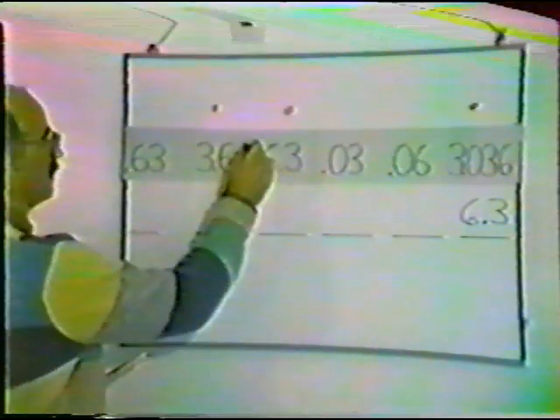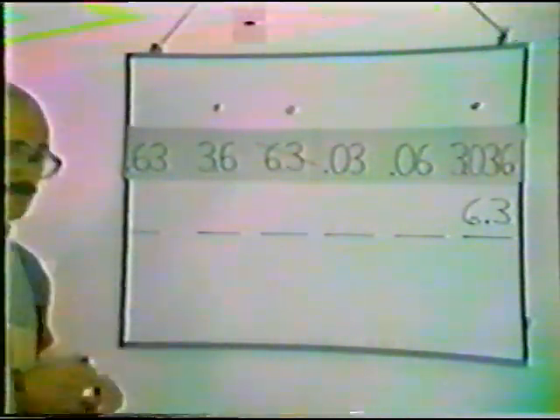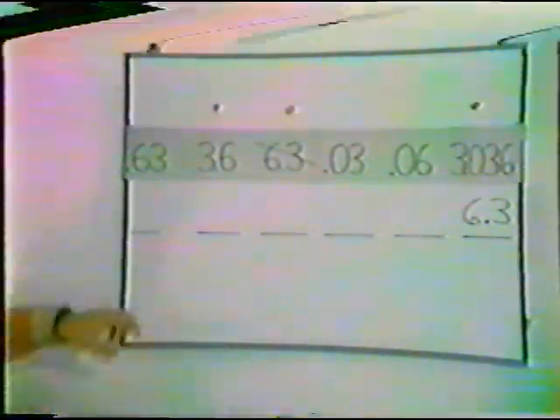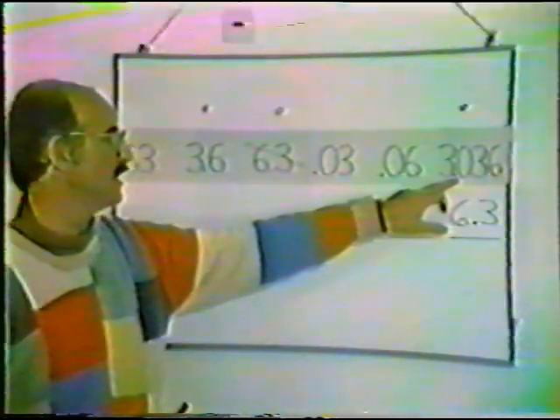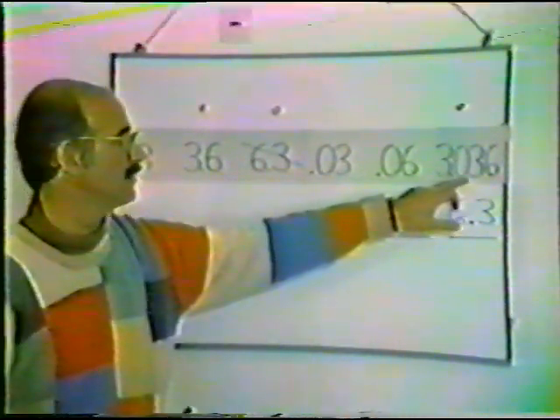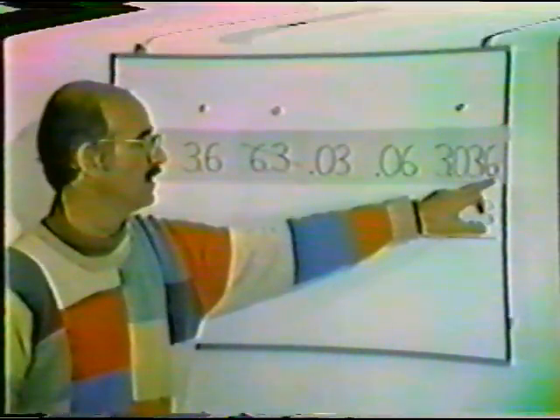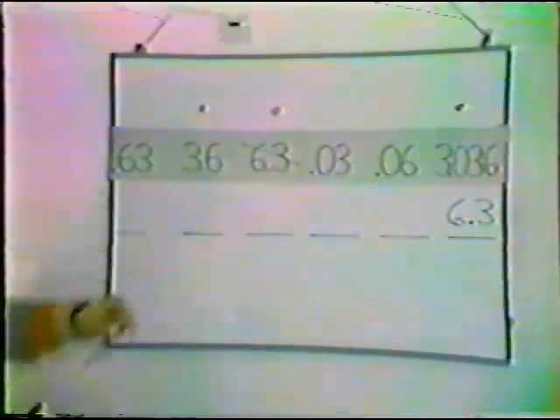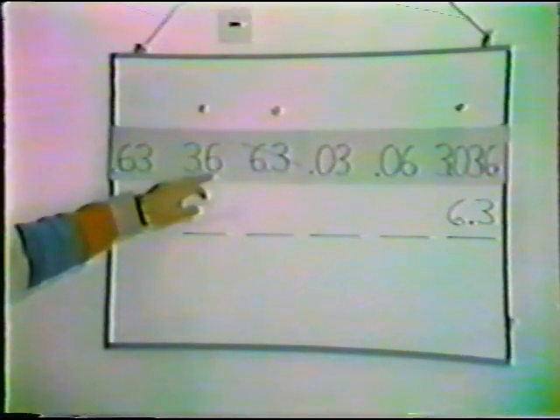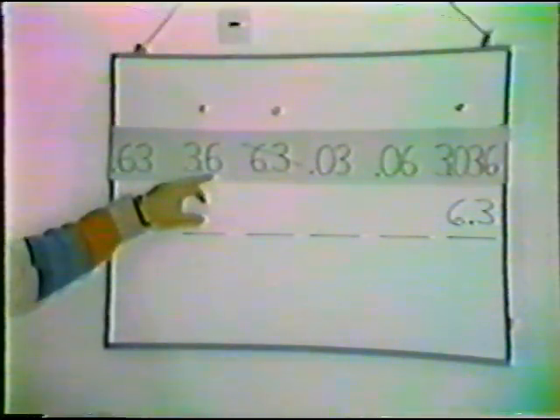Let's cross that one off because we've used it. Now we have 2 others that are larger than 3. 3 and something. How many decimal places does this one have? 3. And how many decimal places does this one have? 1.